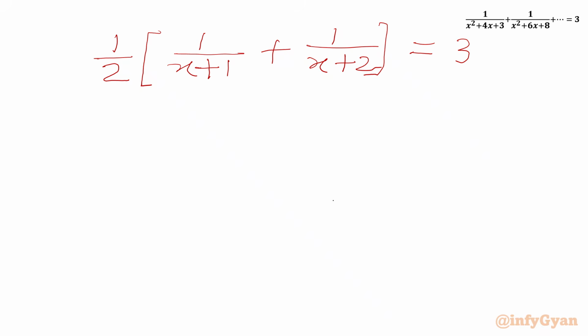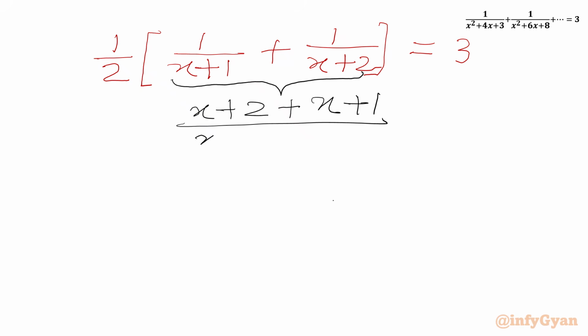Now we have to solve this equation. So I will multiply both sides by 2 and I will take LCM over here. So we will get x plus 2 plus x plus 1 in the numerator, and in the denominator we will write x plus 1 times x plus 2, and in RHS we can write 2 times 3, which is 6.